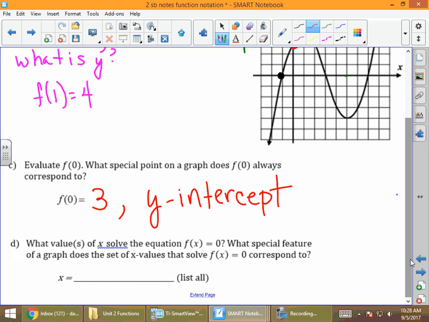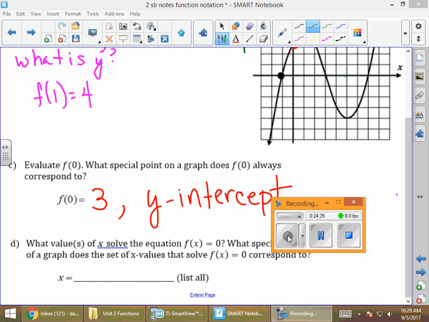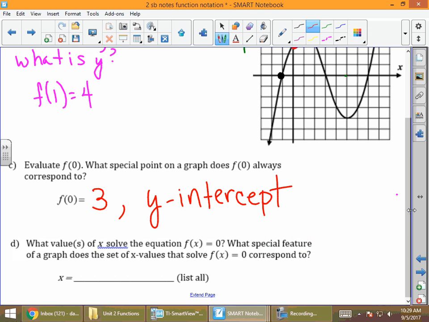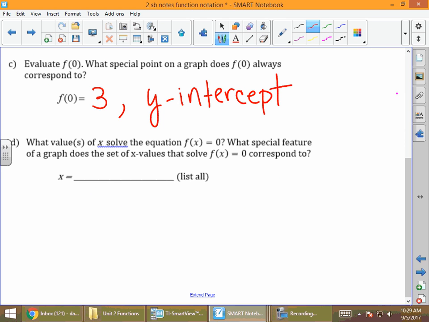Now, the next one says, what values of x solve the equation f of x equals 0? Essentially what this is asking is, when y equals 0, what is x?